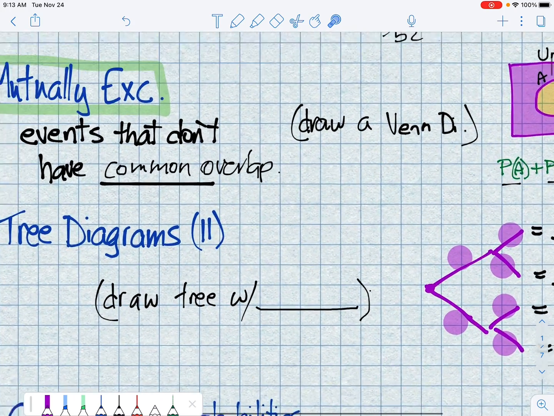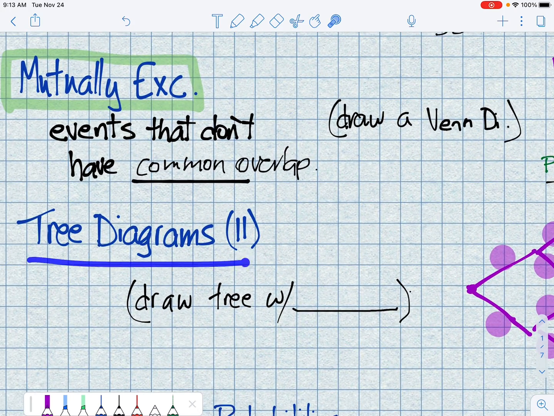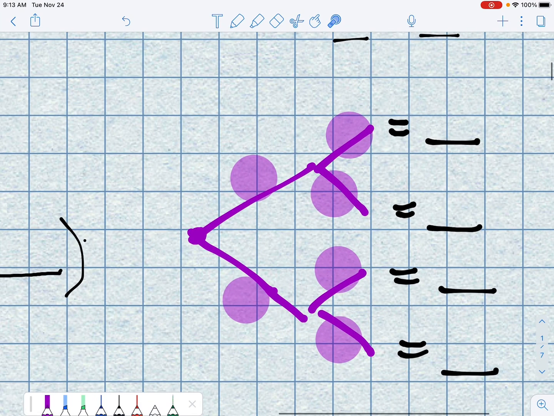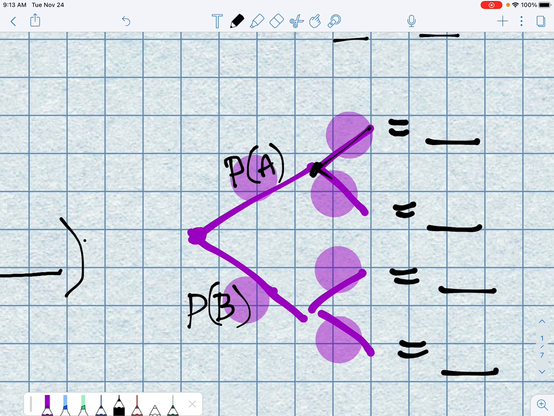And then the next to last idea that we looked at was tree diagrams. And here we looked at probabilities of items. So here you have, for example, the probability of A and the probability of B. And then when we look at the next choice that we have, we look at the probability of A, but this is affected by this because one has already occurred. So typically your denominator goes down by 1.